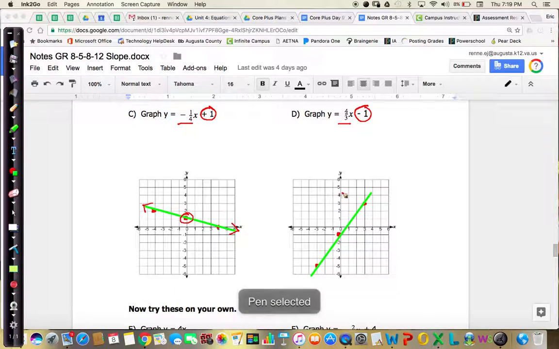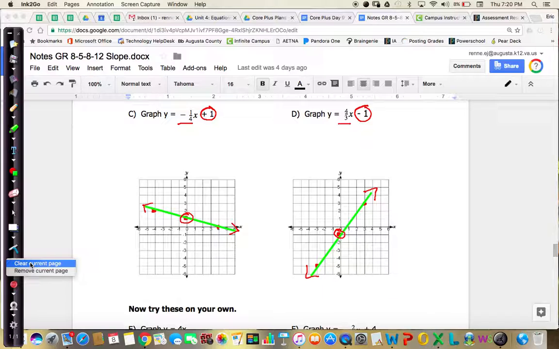And connect, put the arrows on the ends. Circle the y-intercept of -1, and it matches. Now, let's go back and read this one like a book, and it slopes down, so negative slope. And this one, reading like a book, slopes up, positive slope.